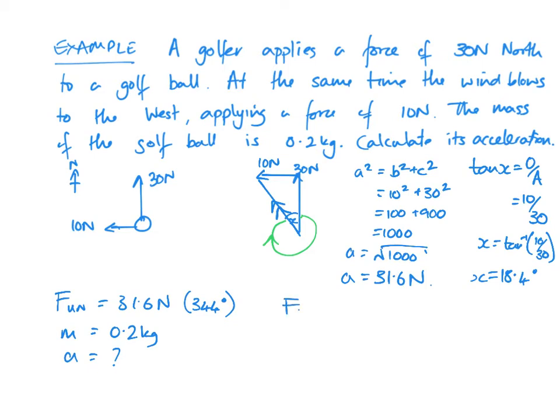So in our formula, F unbalanced equals ma, we just put in the magnitude of the force and then rearrange again. 0.2 times A is 31.6. You don't need to put all these steps in. If your algebra is quite good, you can go straight to these kind of final steps, but make sure you put in the first two, the formula and the substitution. And then divide both sides by 0.2. I'm just about running out of room here, and you get the final answer.